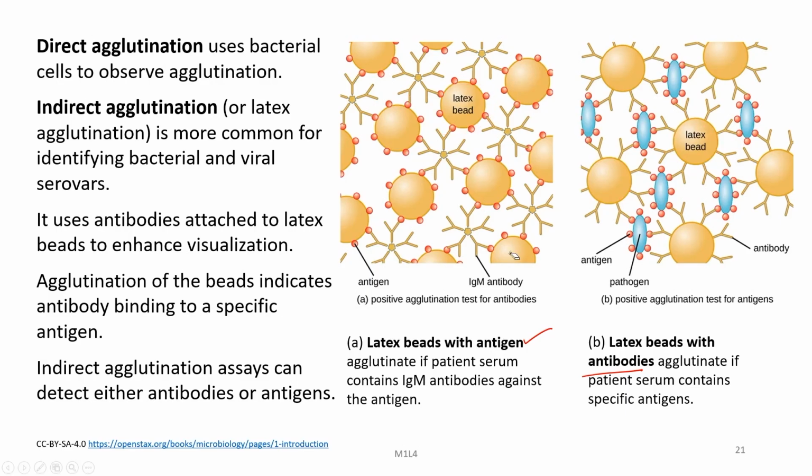Now, whether it is antigen or antibody, in the first case these latex beads will bind to one another if patient serum contains IgM antibodies. So, these are the IgM antibodies, and these IgM antibodies will bind to different antigens on different latex beads and thereby agglutinate them. And in the case of latex beads with antibodies, you can see here they will agglutinate if patient serum contains specific antigens.